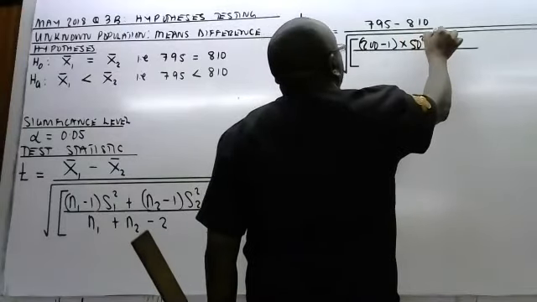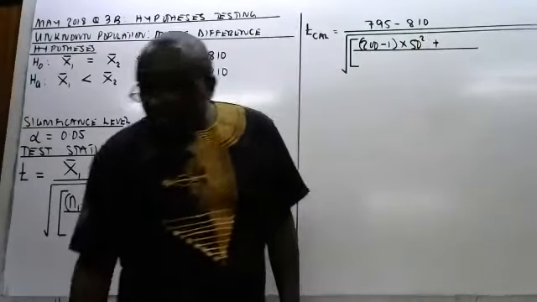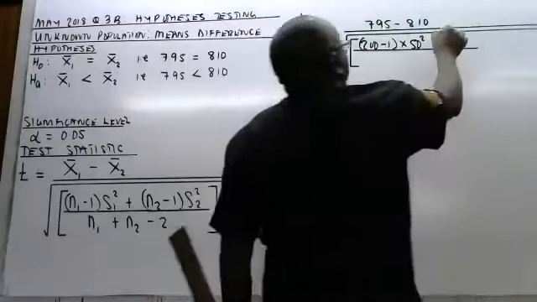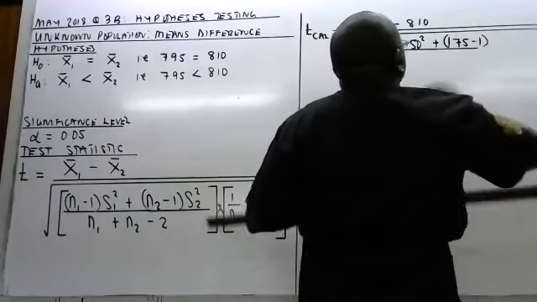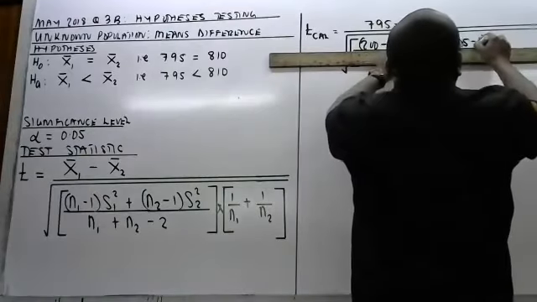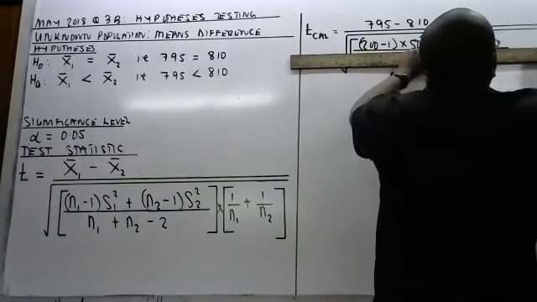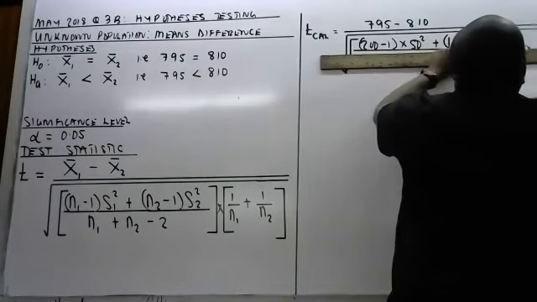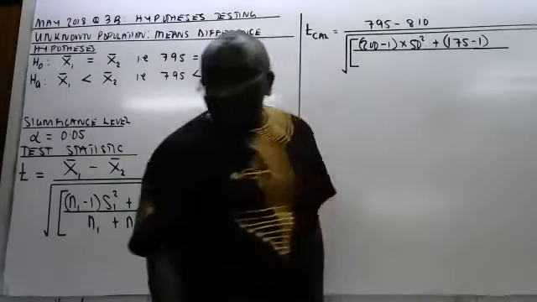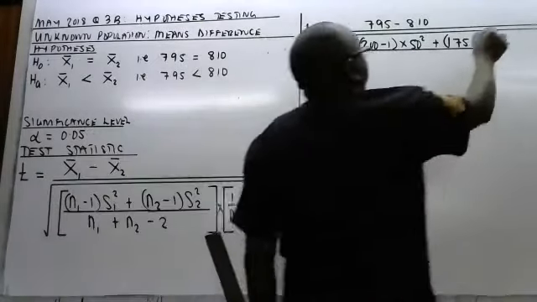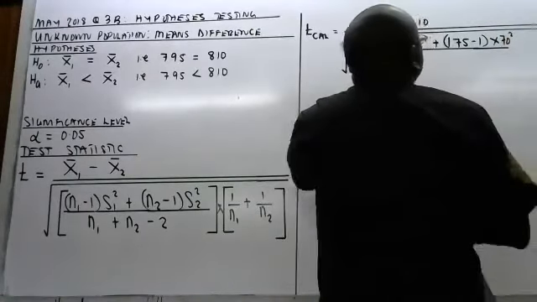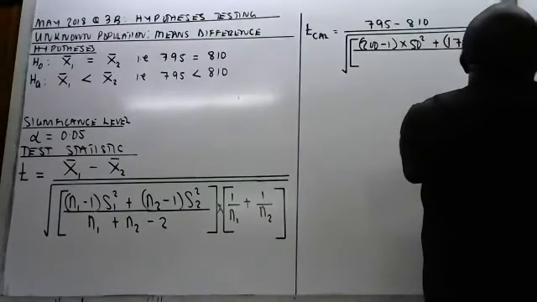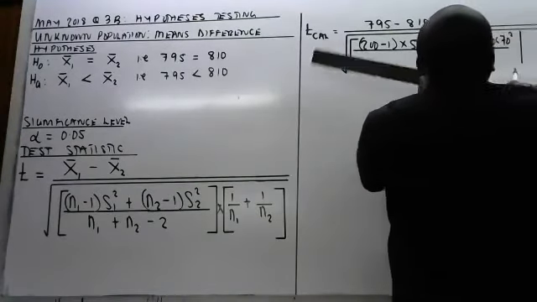So 50 squared plus the other one there, 175. So 175 minus 1, you multiply by the standard deviation of 70 squared, 70 squared.